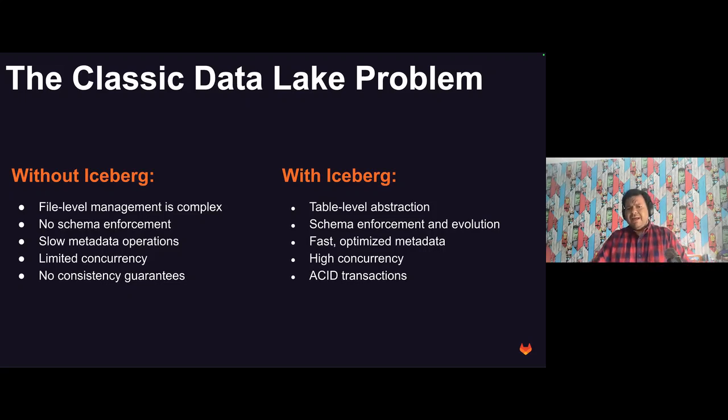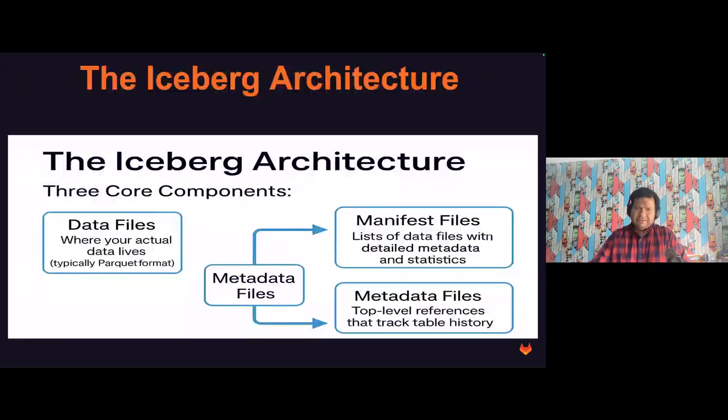Now we need to understand what the Iceberg architecture looks like. We talked about metadata files; what keeps it different from other solutions? The Iceberg architecture has 3 core components. One is the data files, where your actual data lives, typically in Parquet format. I believe Iceberg also supports ORC, but I have not used it, so I wrote Parquet here.